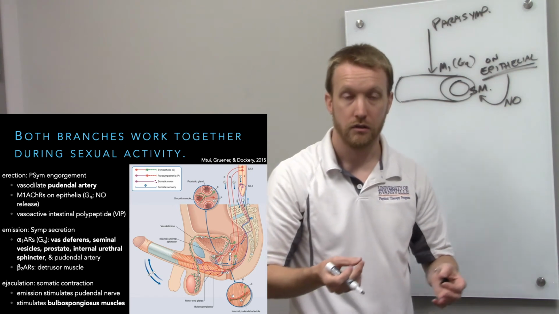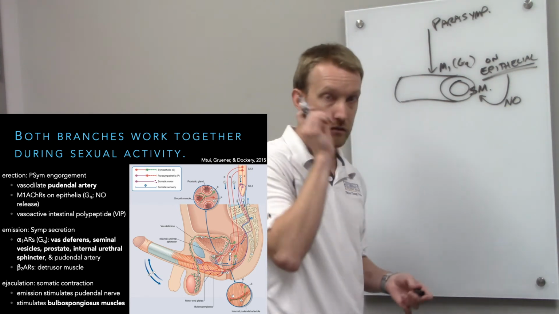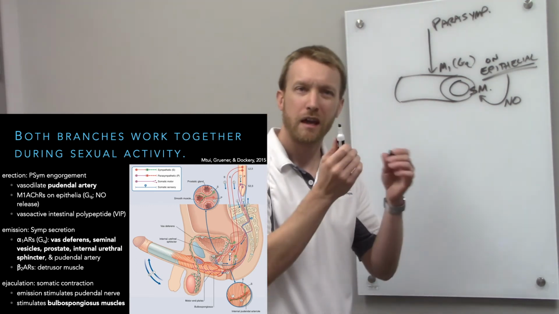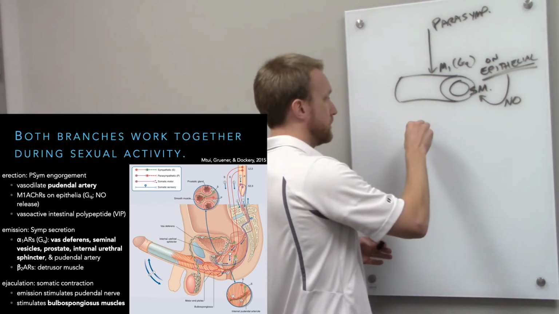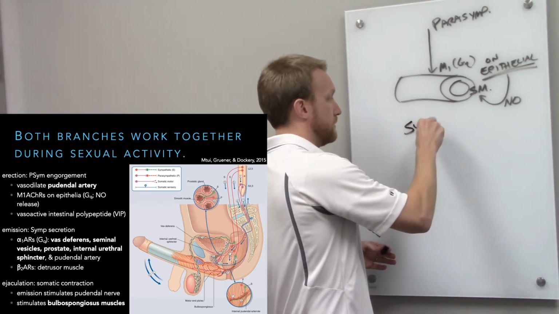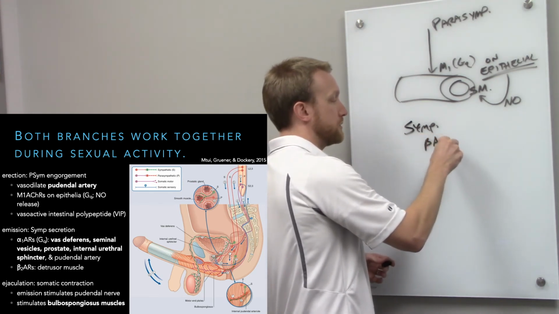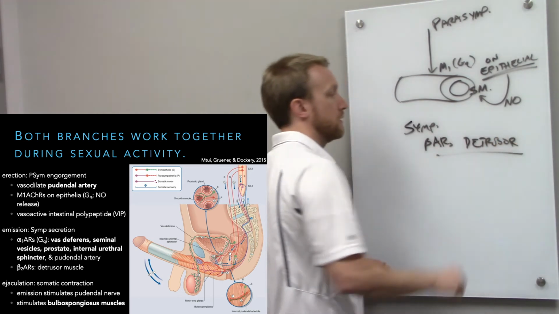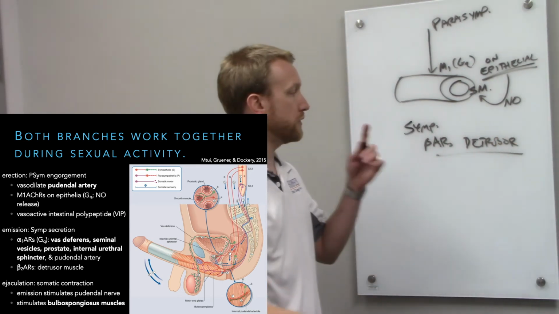Sympathetic input moves seminal fluids to allow for emission. A couple different targets. So the sympathetic component, well, we still act on the beta adrenergic receptors on the detrusor. We're not trying to urinate here. Right? We're going to move other fluids through.